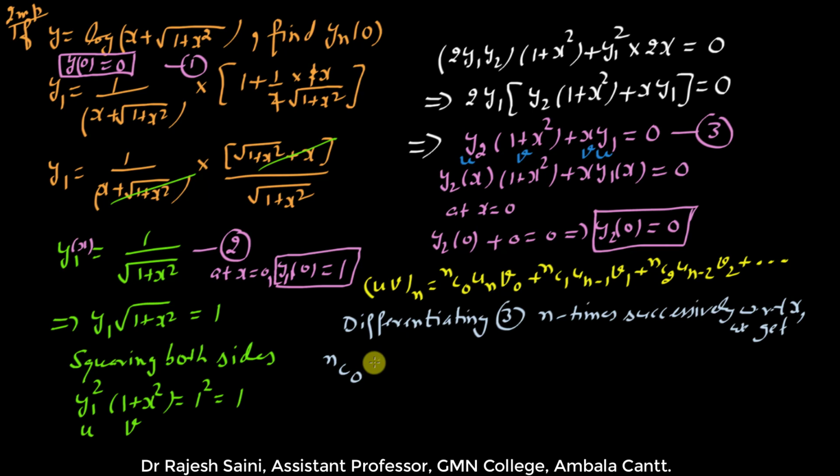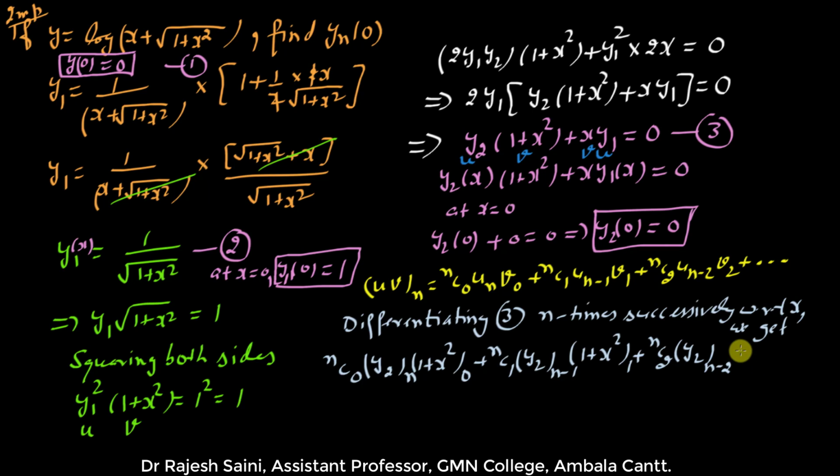It will be nC0 y2 nth order derivative of 1 plus x square, plus nC1 (n minus 1)th order of y2 into first order derivative of 1 plus x square, plus nC2 y2 (n minus 2) into second order derivative. Fine.